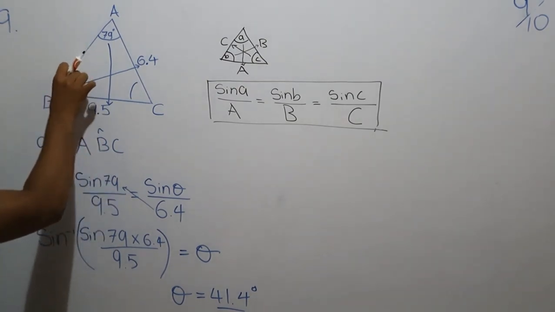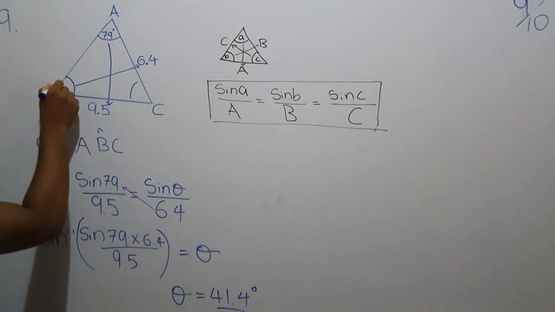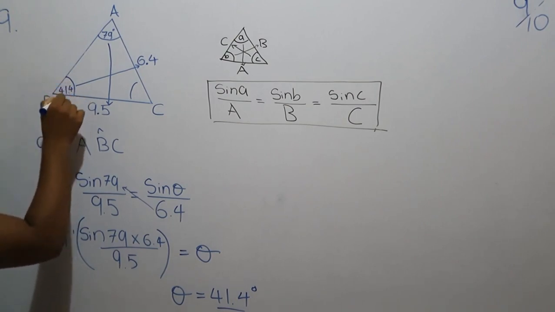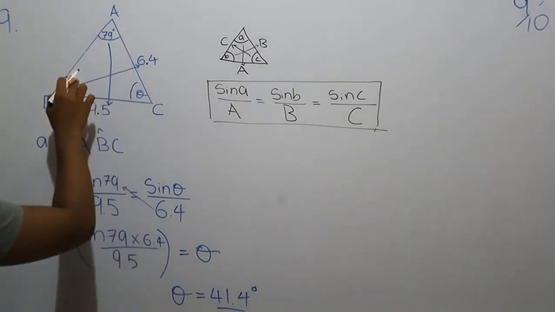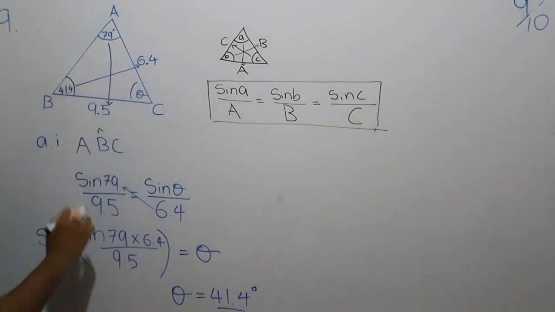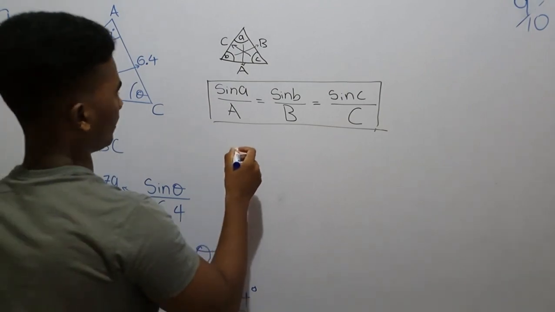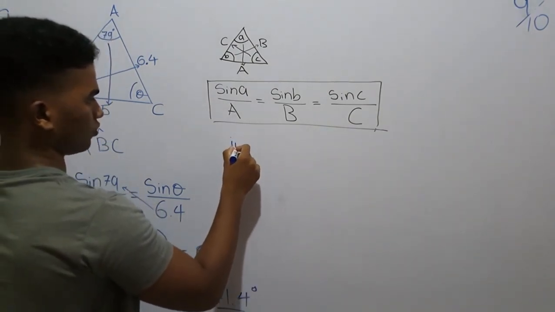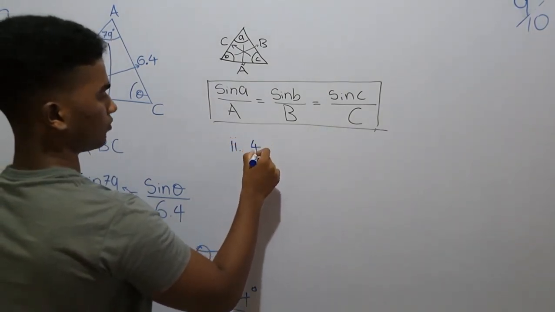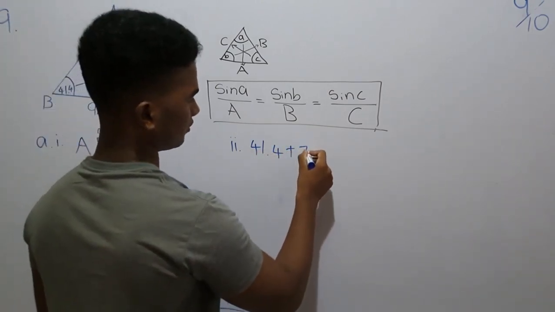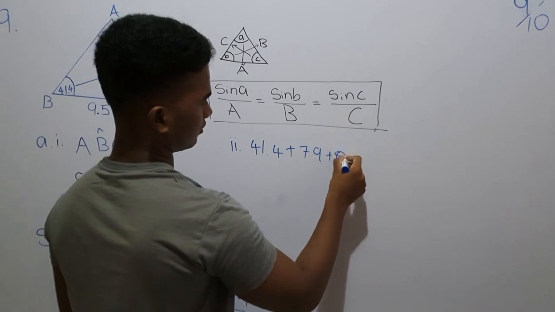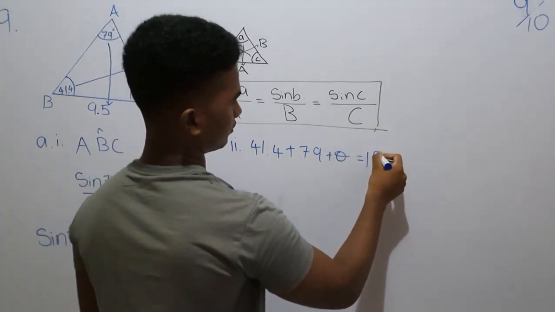We'll mark it 41.4 and we'll put theta here and get that angle. 79 plus 41.4 plus theta equals 180. This Roman numeral: 41.4 plus 79 plus theta is equal to 180.